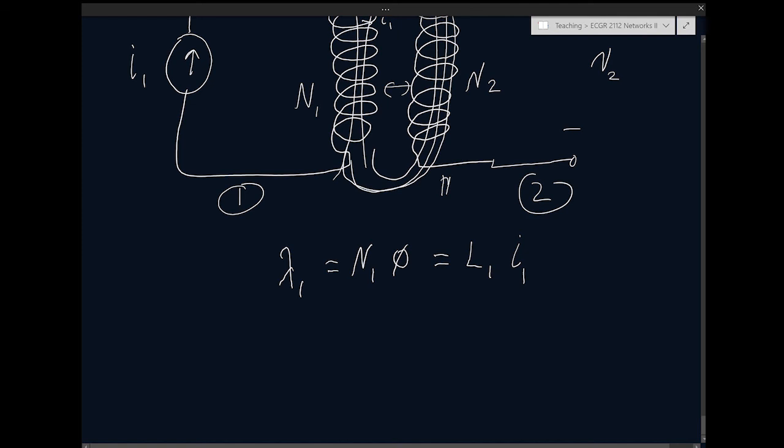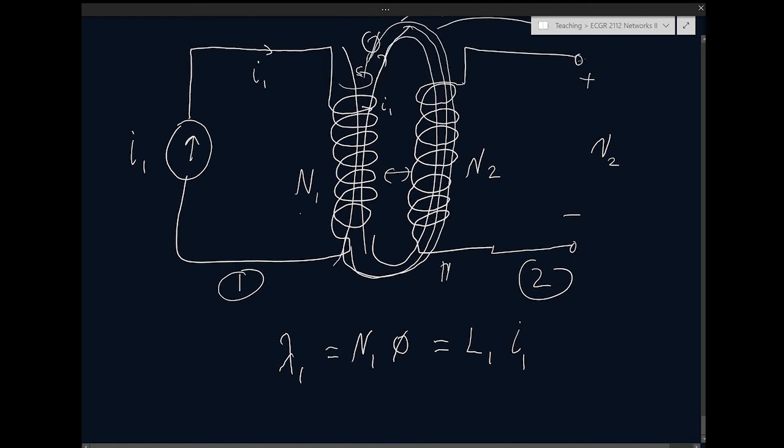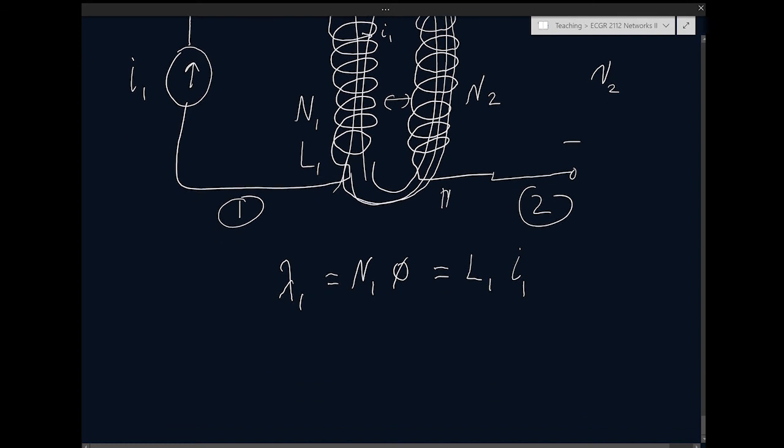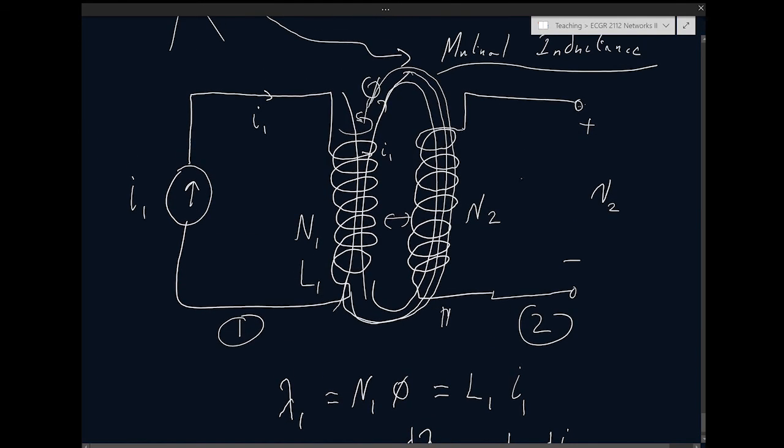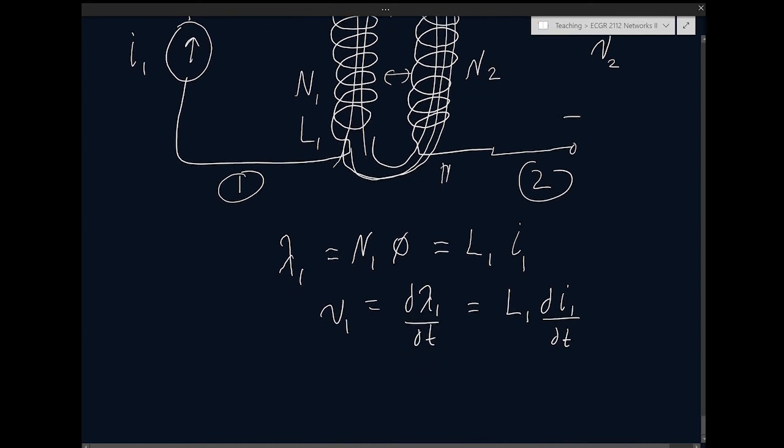L1 is the self-inductance for coil 1. And we said V1 according to Faraday's law is just d lambda 1 over dt, which is L1 di1 over dt. There is no current in circuit 2 because it's open at this point. So this L1 is called self-inductance.